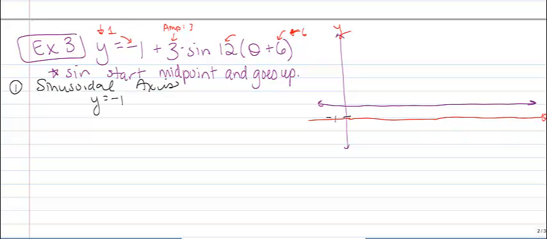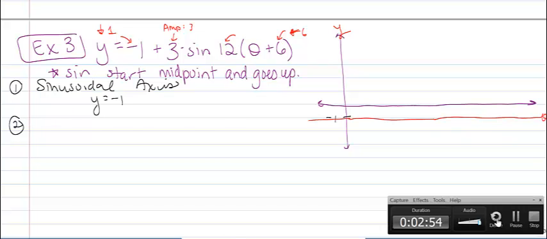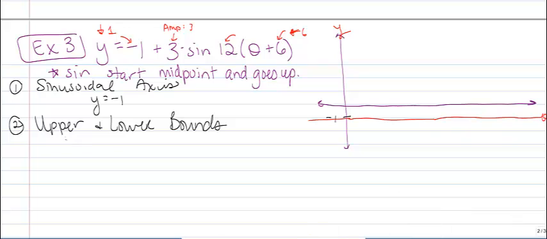Okay, from here I need to pick my upper and lower bounds. For that, you look at the A value, the amplitude. And the 3 says that I'm going 3 above and 3 below this -1 here. So let's go 3 above.